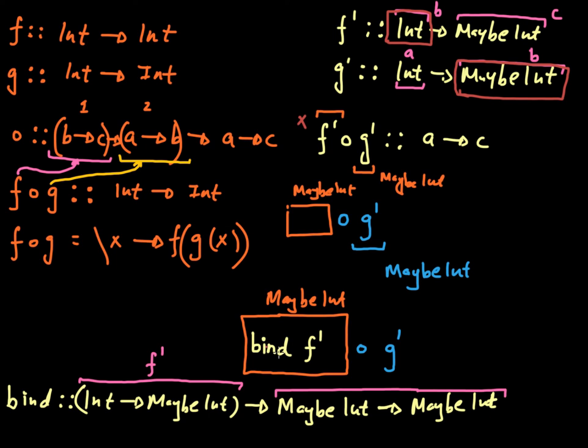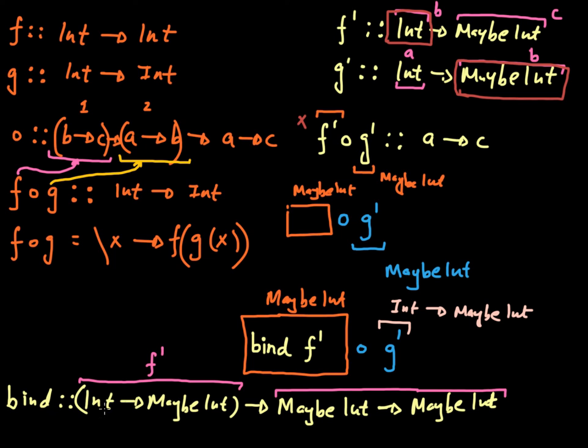So now, what is the function composition of bind f prime with g prime there? Okay, so let's see if our types match up now. G prime is a function that takes in as an input some integer and gives you back maybe an integer. And what is bind f prime?